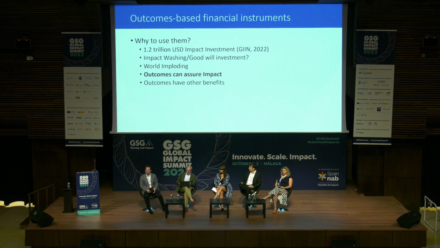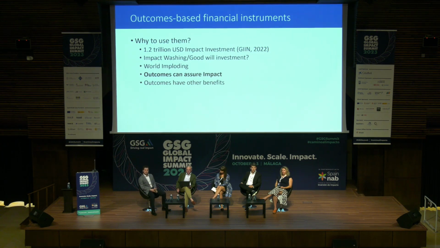But why use them? There are several other ways of producing impact, so why outcomes-based instruments? First of all, we have a lot of money. Several people already said $1.2 trillion in impact investment is a lot, but the world is still imploding. We have wars, we have hunger, climate crisis, and other social issues that must be tackled.